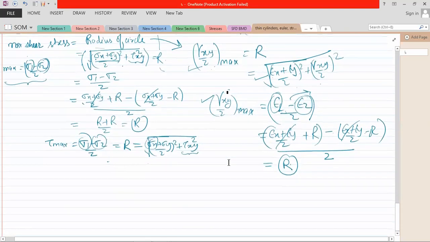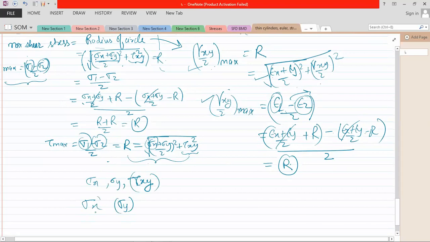So it depends on the condition. If you are given sigma x, sigma y, and tau xy, use this formula. But if you are given only sigma x and sigma y and no shear stress, that means they are already on principal planes, and these are principal stresses. If you are given a problem like this, with sigma x and sigma y, that means there is no shear stress, hence they are already on principal planes.